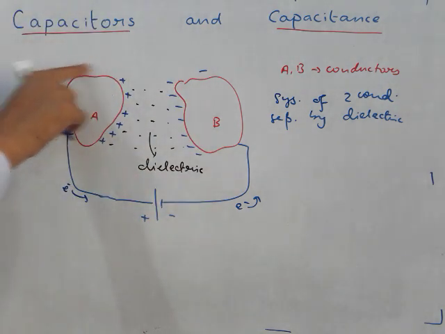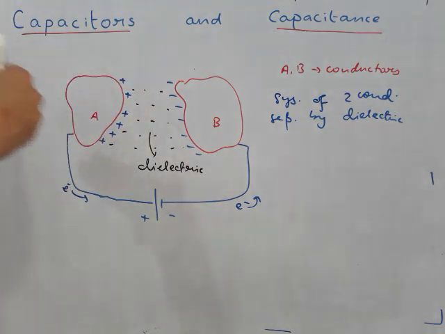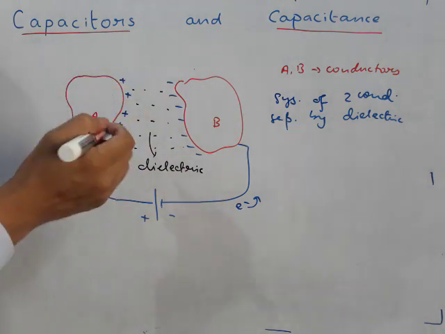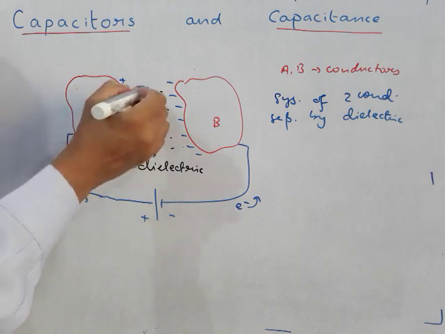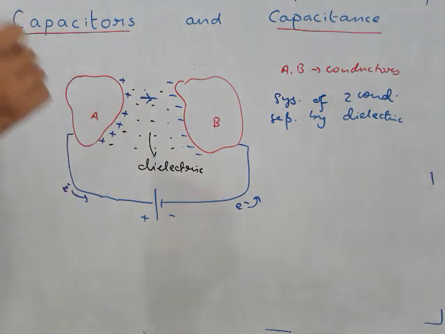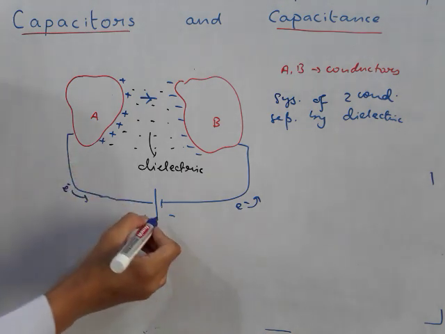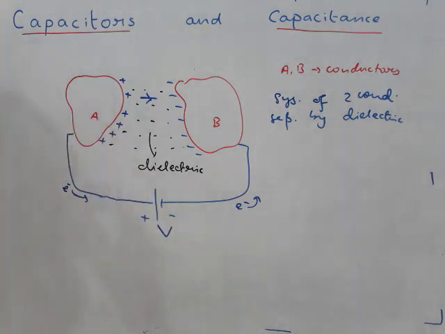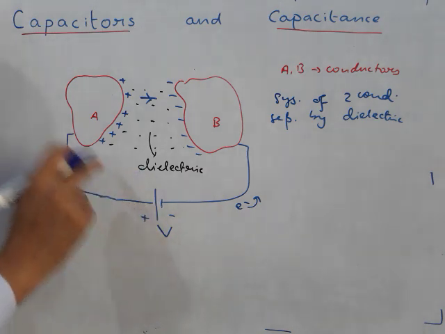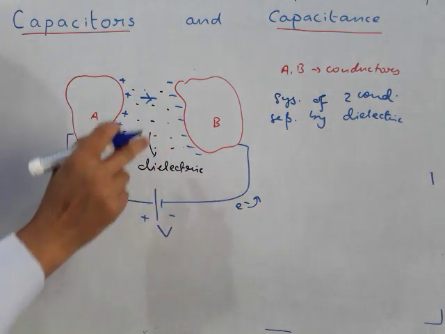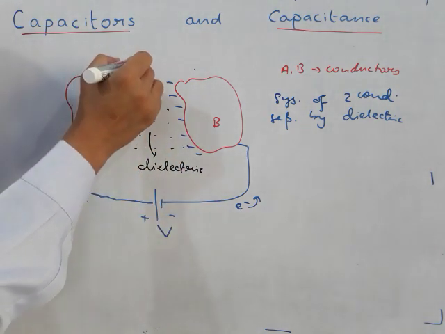Now this being positive, this being negative will create a potential difference and an electric field. Electric field will be in this direction and there will be some potential difference. If the potential difference of the battery is suppose V, then this movement of electrons continues till this potential difference also becomes how much?